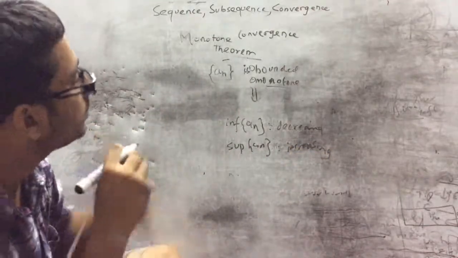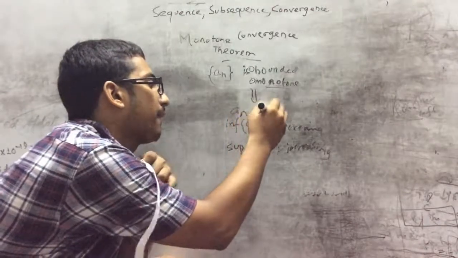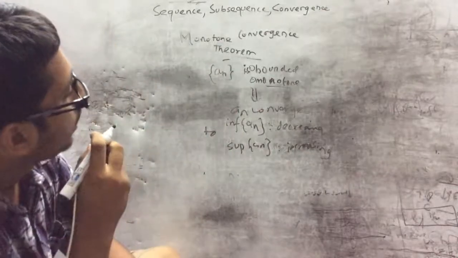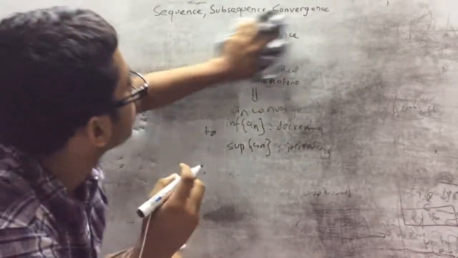This is a property of monotone sequences, not of others. So this is the monotone convergence theorem. That's it for the monotone convergence theorem.